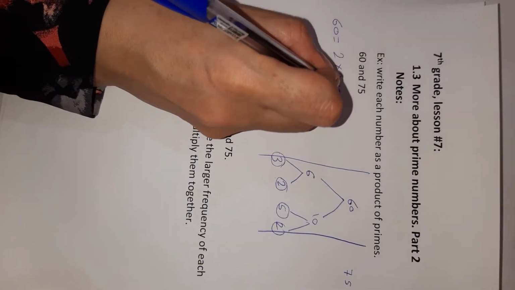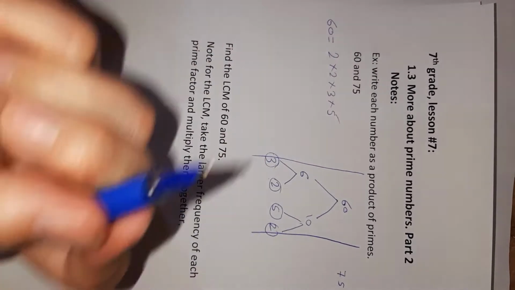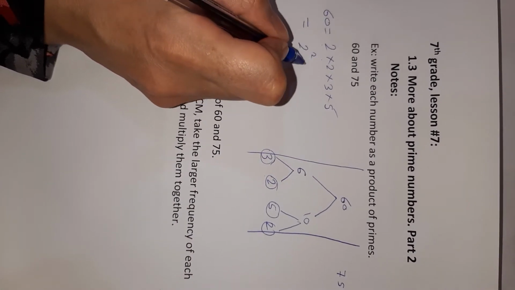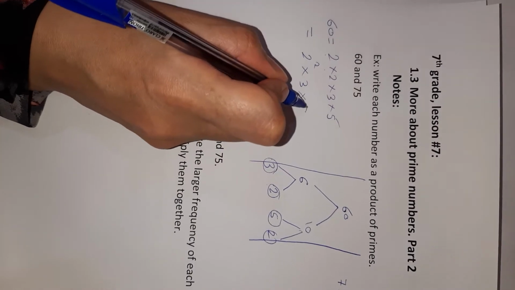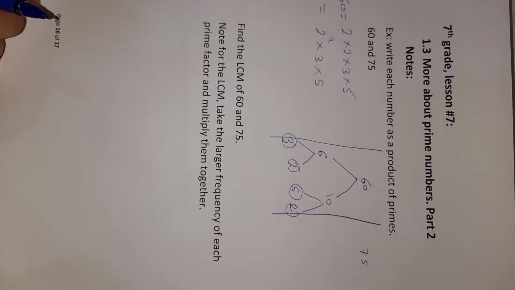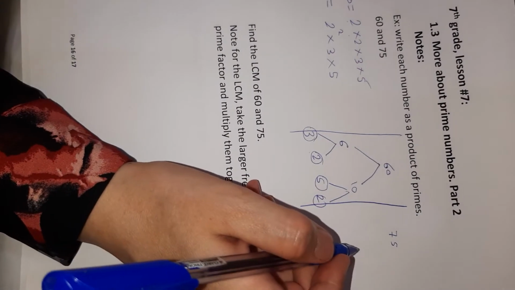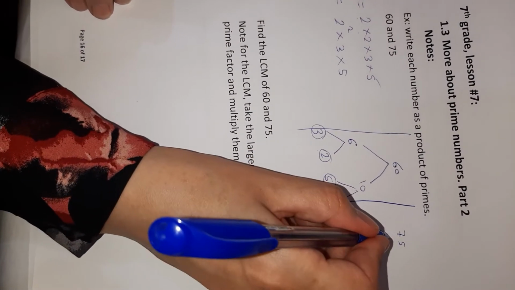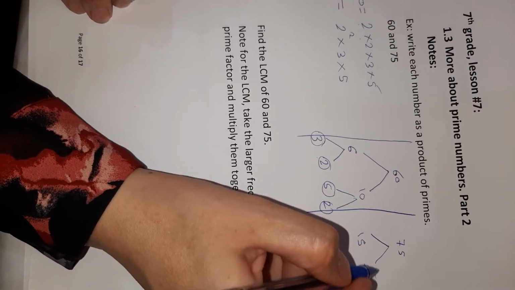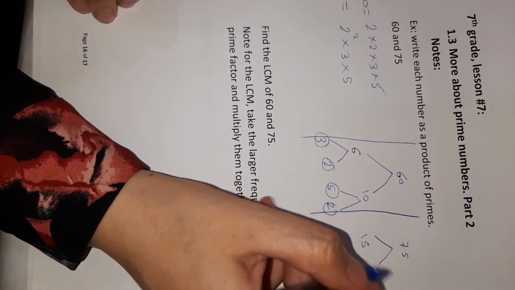2 times 2 times 3 times 5 equals 2 squared times 3 times 5. Now, what about 75? 75, it's 15 times 5. Yes, 75.